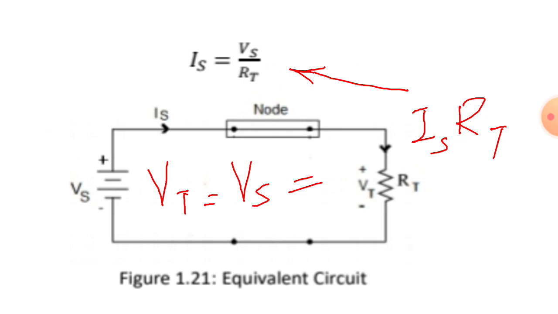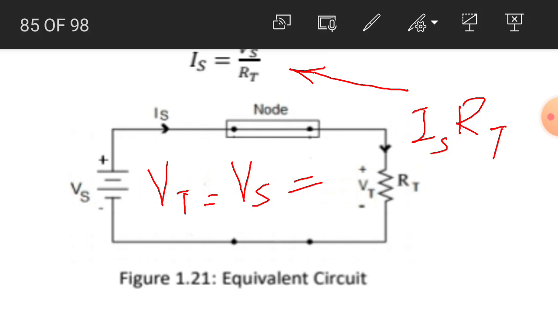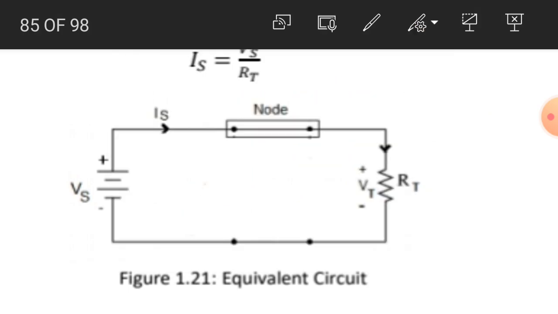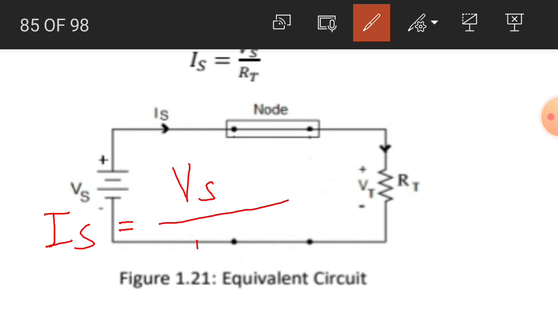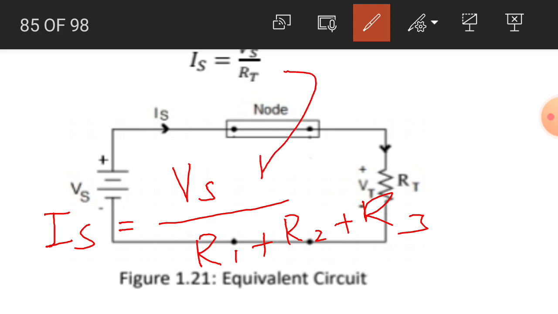So we compare this equation with another equation. We obtained this equation as well: Is, the total current, is equal to Vs into 1 over R1 plus 1 over R2 plus 1 over R3, and we compare this equation with this equation. So we derived this particular equation.